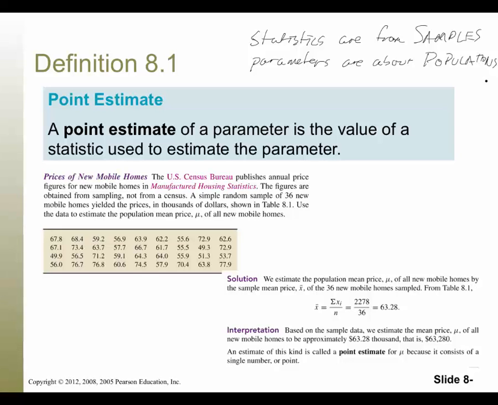That's inferential statistics. So a point estimate of something about a population is the value of a statistic, meaning coming from the sample, used to estimate the parameter.